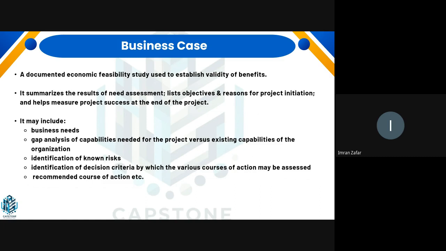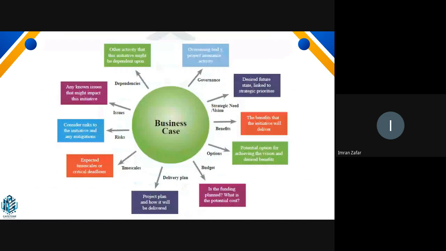What will be the NPV? Things like that can also be part of the business case. You can also have your high level stakeholders mentioned, the stakeholders that may be affected or benefited by your project, and a lot of other things can also be part of it.